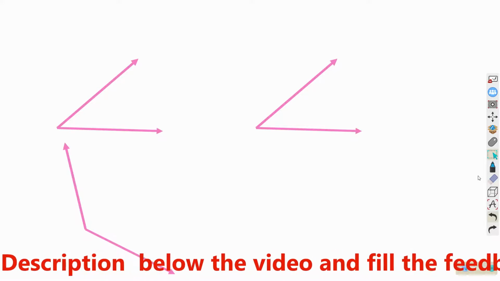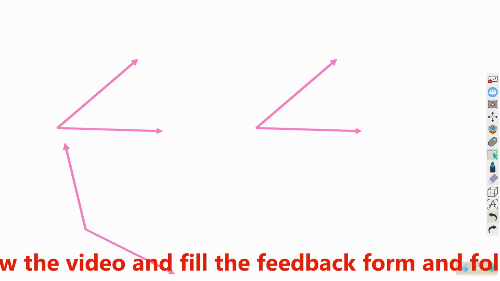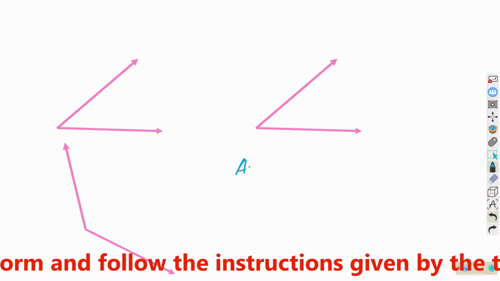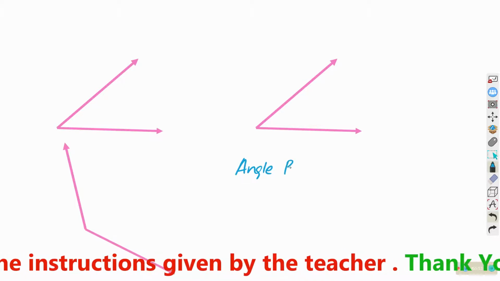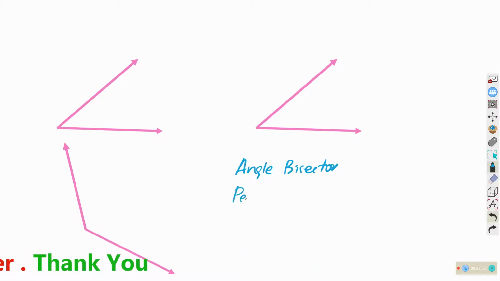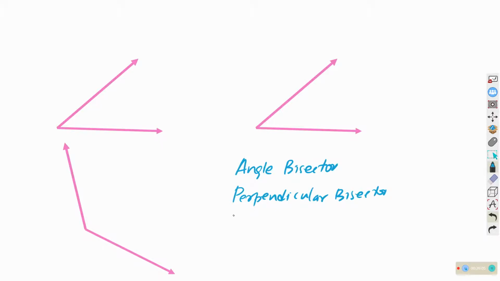Check yourself whether you understood the important concepts given in that, like angle bisector, its congruence, then perpendicular bisector, its concept, then construction of triangles, then congruence.